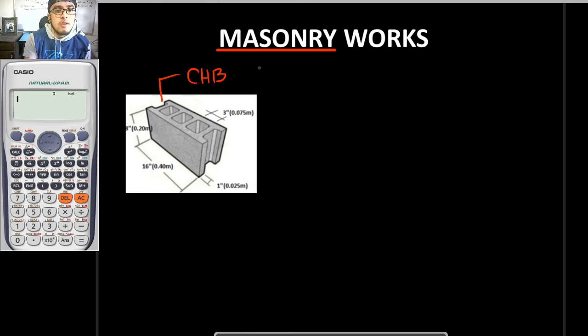And CHB has two main types. The first main type would be the load-bearing concrete hollow blocks, and the other being non-load bearing. So what is the difference between them?